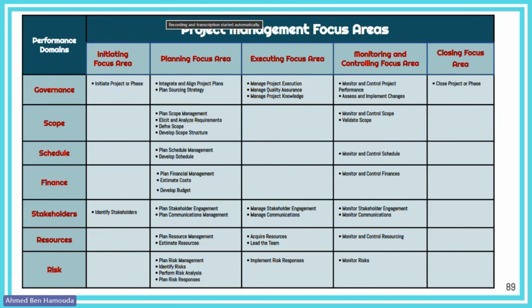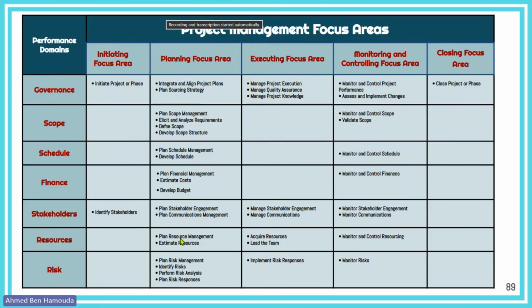And you can notice here, now this is something new, not really new. It used to be like this in PMBOK 4 or 3, that communications now is no more a separate performance domain or knowledge area, but actually now it's part of the stakeholders' performance domain. It used to be like this, I think, in PMBOK 3 or 4. Then they separated them in PMBOK 5, if I'm not mistaken, and 6.